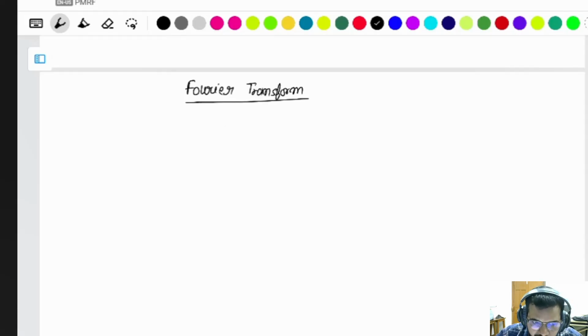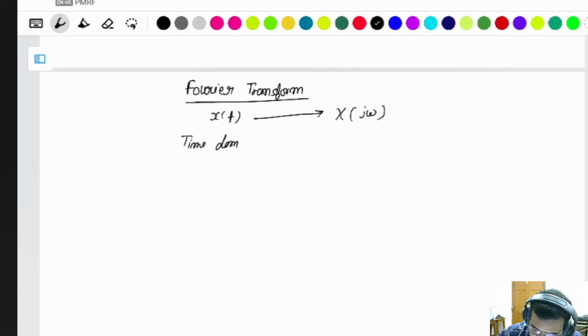Same thing, time domain and frequency domain. x(t) is the time domain, and this is the frequency domain representation. All of you know about that.